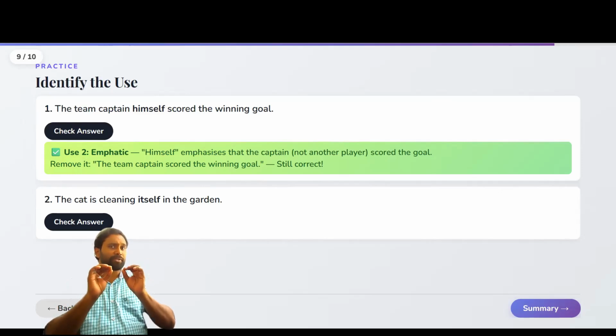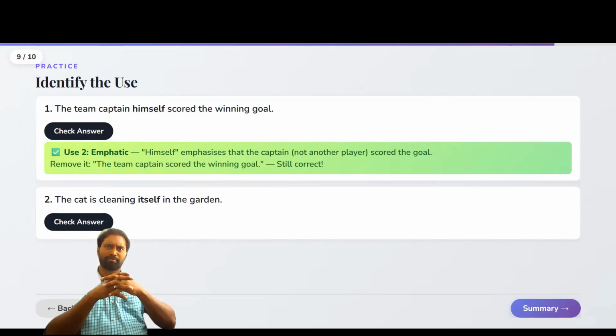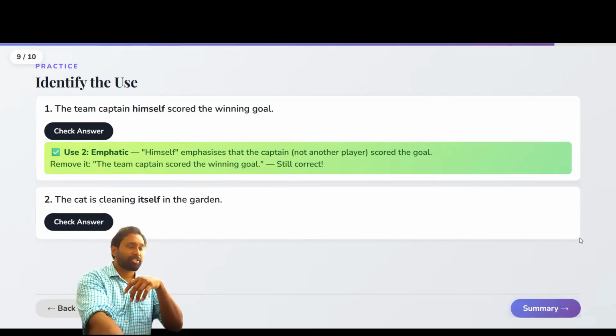After the removal of the reflexive pronoun, you get: the cat is cleaning in the garden. Cleaning what? Do you have an answer for that? No. That means the sentence now feels incomplete, isn't it? So what is the use? This is as an object. Let's check the answer.